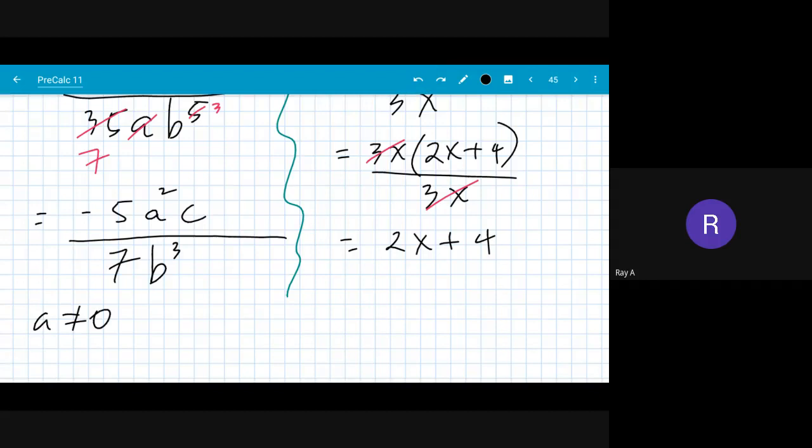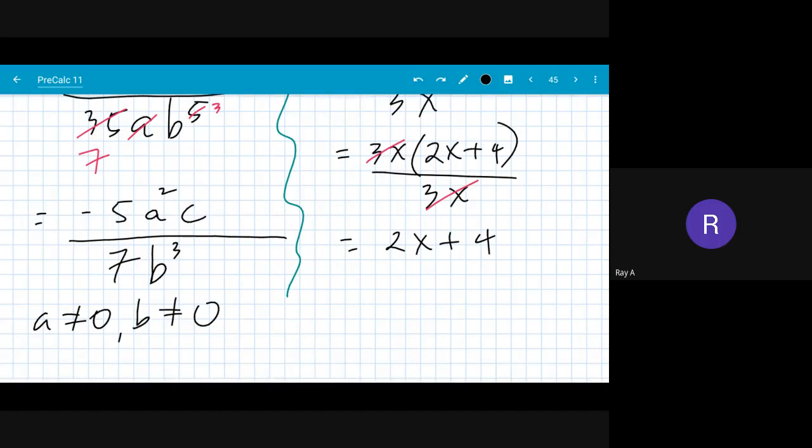Because you always have to go back to the original question. In the original, the denominator has an a, which cannot be 0. And b also cannot be 0 because obviously here there's a b.